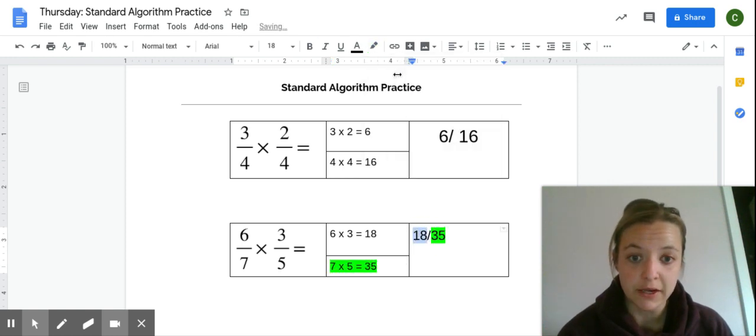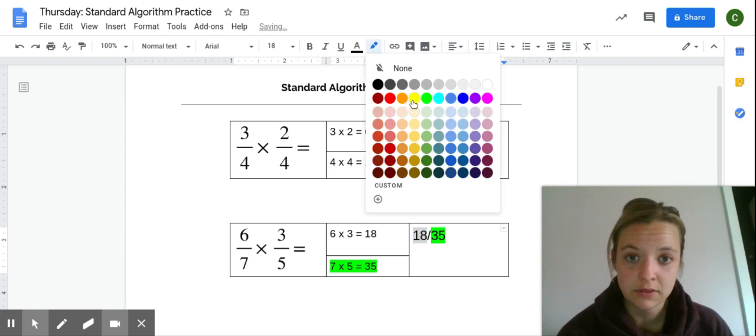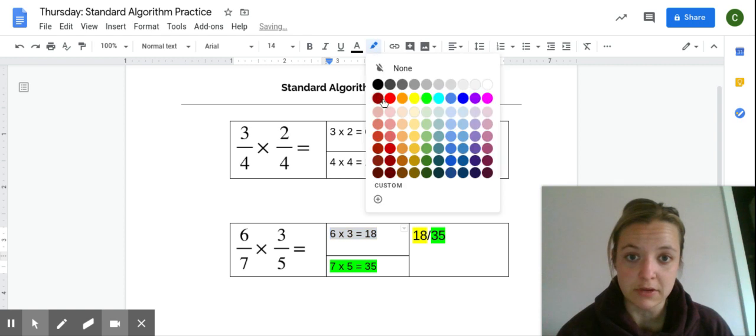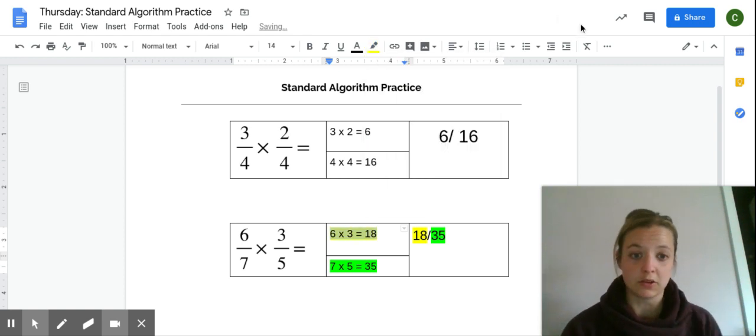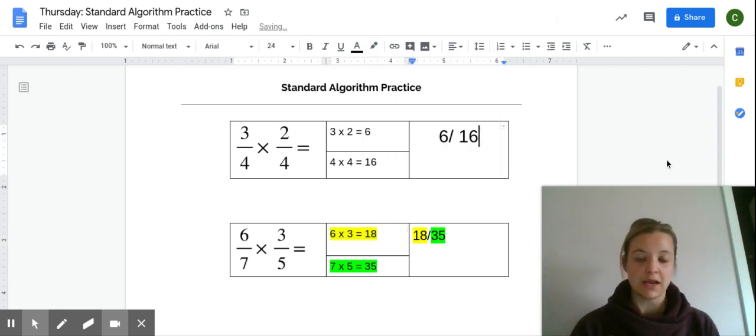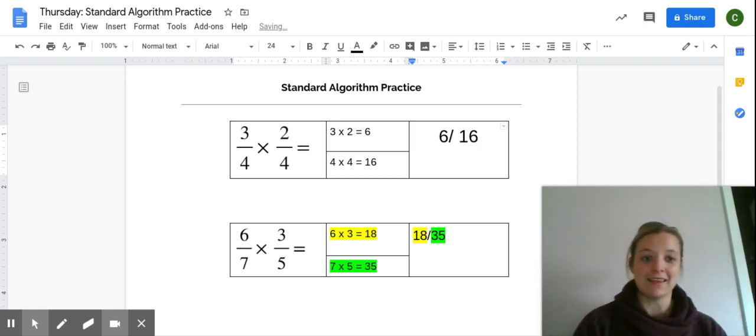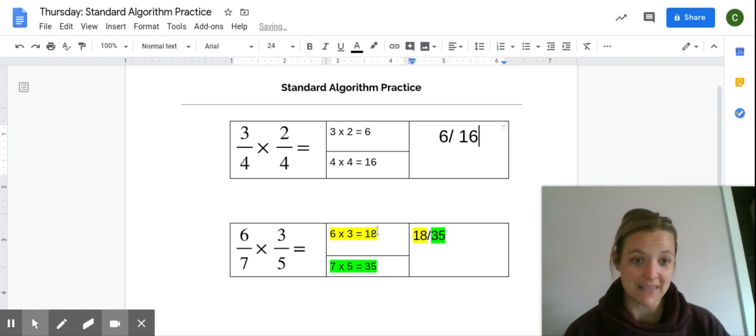And my numerator, which is 18, I got by multiplying 6 times 3. A lot of you are close to getting the right answer. I think you're just typing in your work wrong. That top number you need to type in first, and that bottom number you need to type in second.